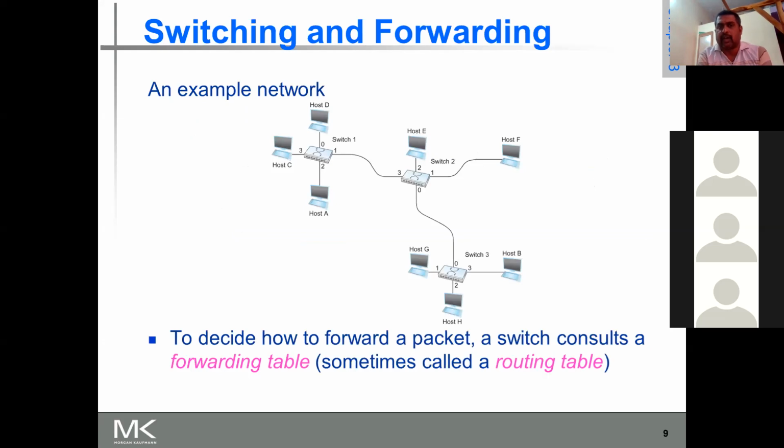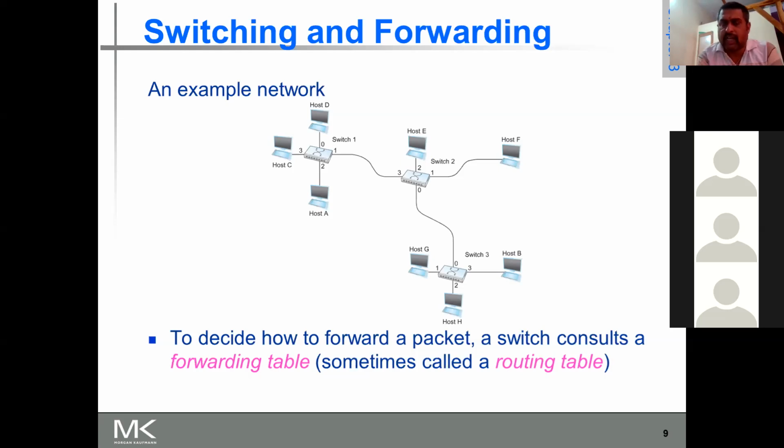Switch 1 has hosts A, C, D connected, switch 2 has hosts E and F connected, and switch 3 has G, B, and H connected. You can also observe the ports of the switches: 0, 1, 2, 3 on each. Those are the identification of those particular ports.